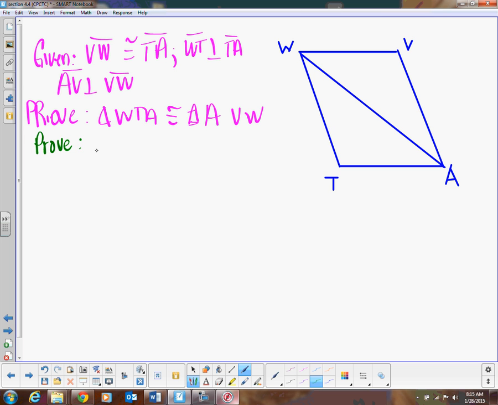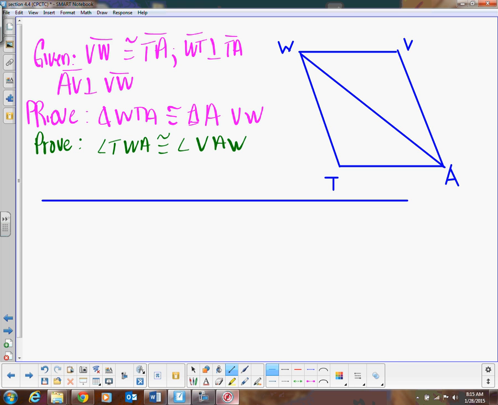Your new prove is to prove that angle TWA is congruent to angle VAW. So instead of seeing this prove tonight, you'll see the prove in green. So this is where I'm incorporating our lesson and going over the homework so we can do as much of last night's homework as possible and bring in the lesson.